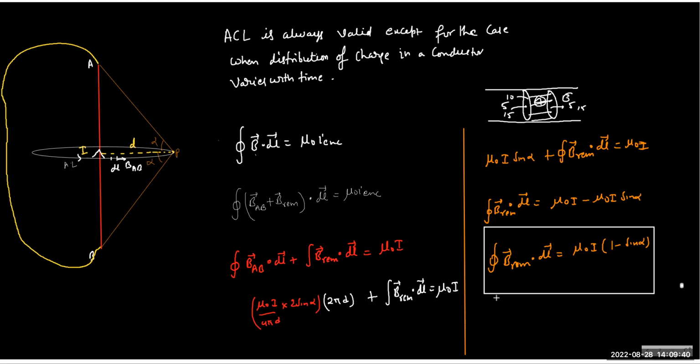And that is the whole idea: for an infinite wire, the total contribution and the contribution due to the wire itself are the same, because the remaining part is so far away compared to the infinite wire that it will not create much effect. Therefore, in case of an infinite wire, the B of the wire is the B net, and hence Ampere's circuital law can be applied. Understood? Yes, sir.